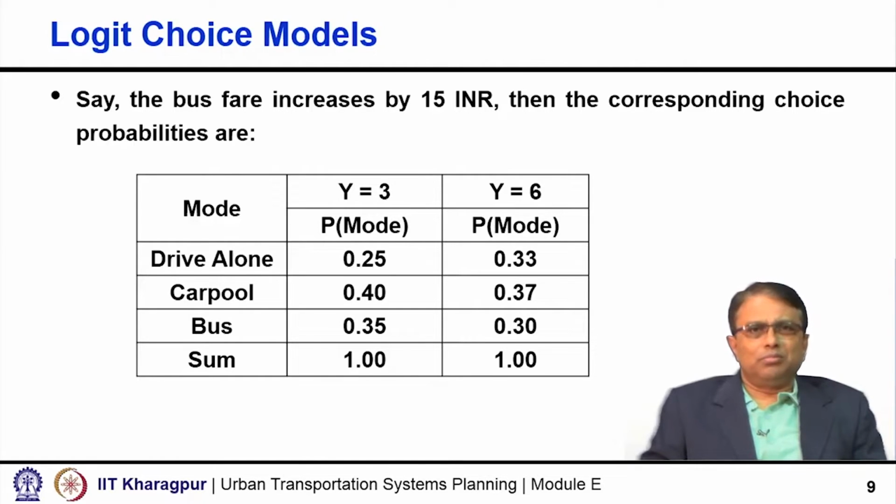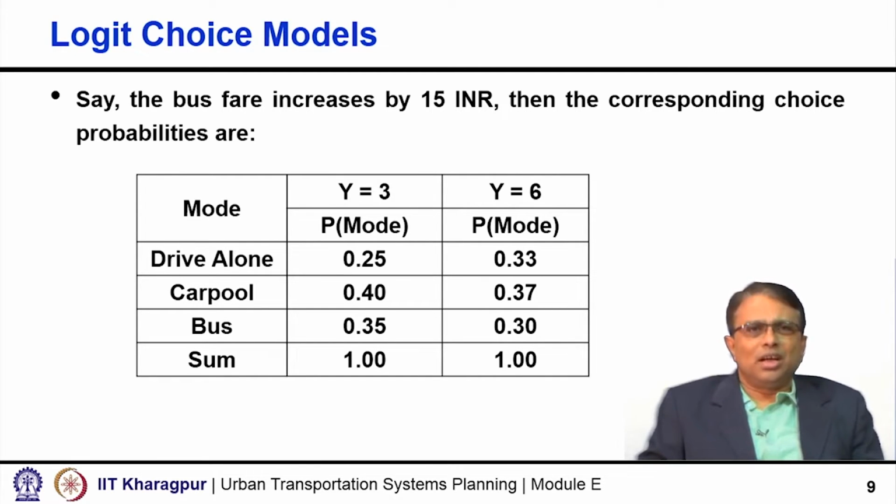Of course, the change may not be exactly the same, but it will change actually, because the bus utility will change. So, the sum of e to the power V drive alone, V carpool and V bus will also change, and the probabilities also will change.